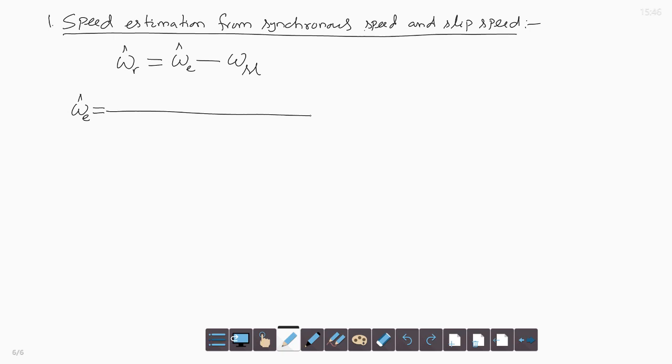So, using the equation omega E hat equal to psi alpha s into (V beta s minus Rs I beta s), this bracketed term is the derivative of psi beta s, minus psi beta s into the derivative of psi alpha s, which is (V alpha s minus Rs I alpha s), whole divided by total flux psi s square. So, this equation is derived earlier, and so synchronous speed is estimated using this equation from sensed voltage and current.